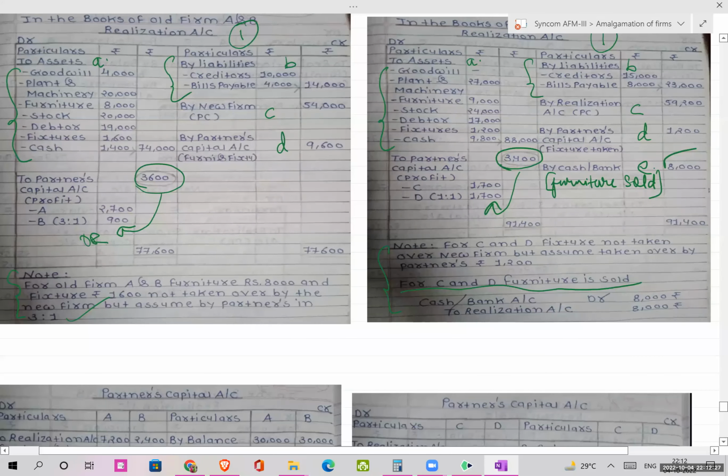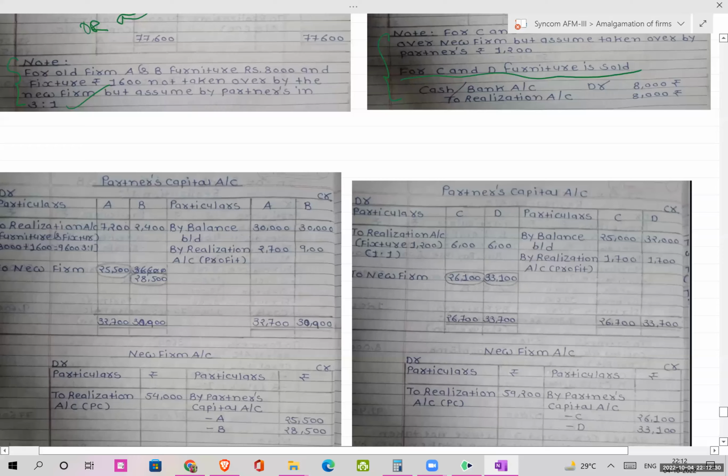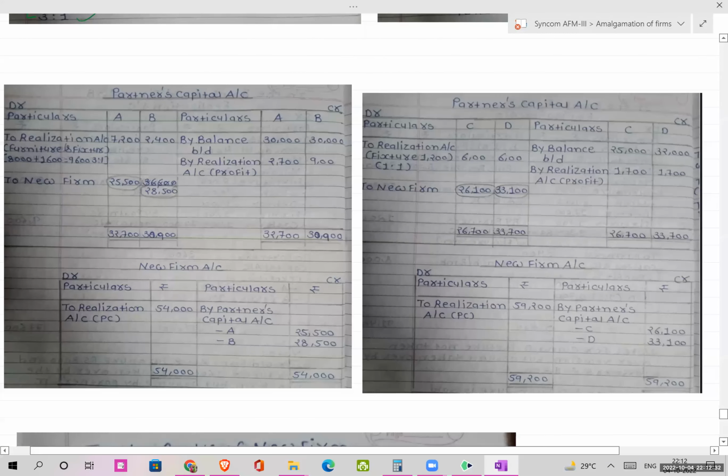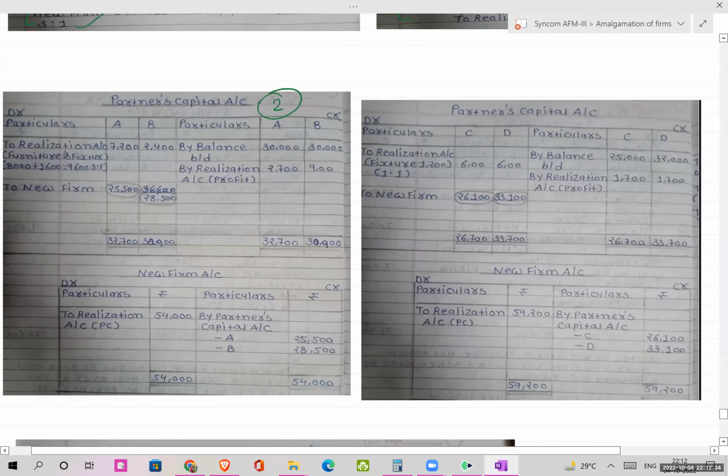So let's move on to the next aspect, that is preparing partners capital account in the books of old firm. So this is the second thing that you will be, yeah. यहाँ पे भी first, what is that?